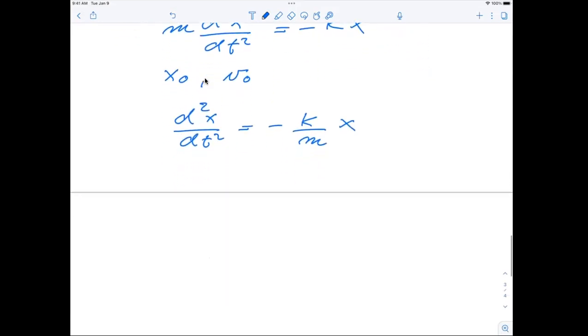And it's common to actually define a constant, which is called a natural frequency. This constant has dimension frequency, which is 1 over time. And it's easy to see that when you perform a dimensional analysis of the differential equation. So we are going to introduce a frequency, which I'm just going to call omega 0.